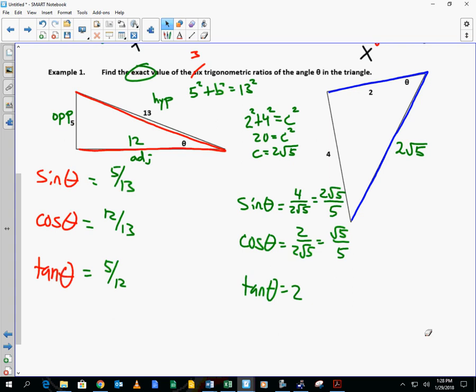Cosine is the root of 5/5. And tangent is dos, which is Spanish for 2.